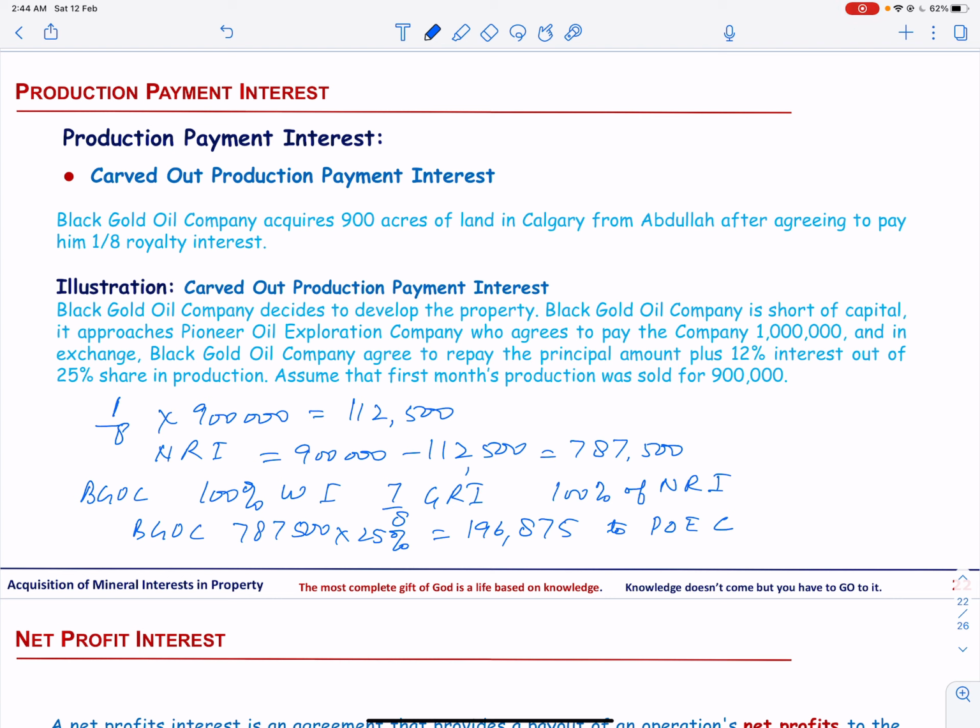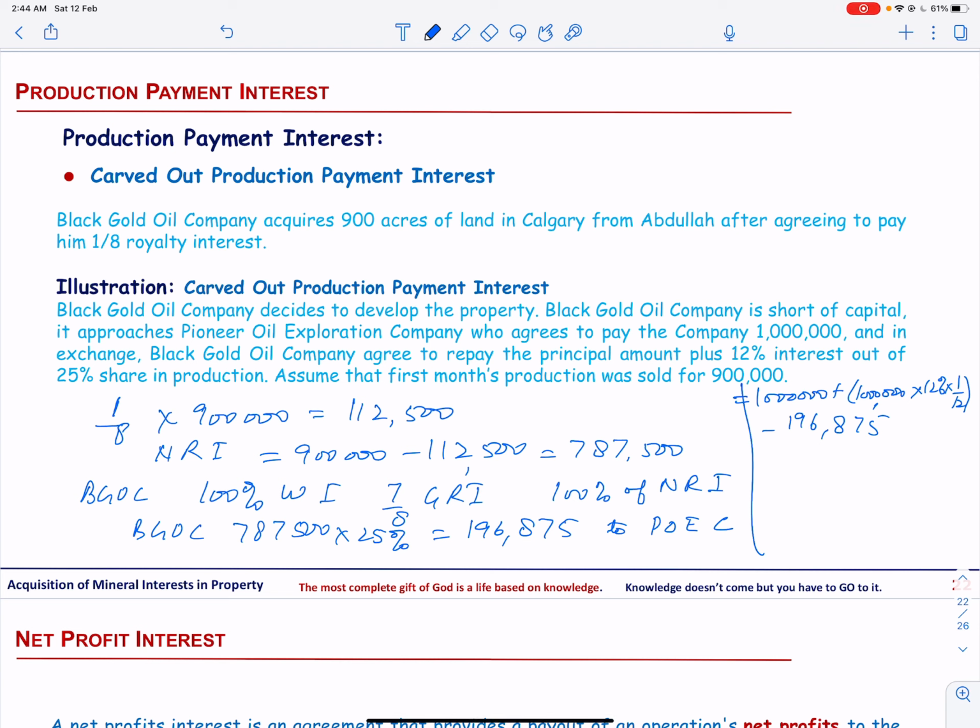The remaining balance payable to Pioneer is 1 million plus 1 million times 12%, and because it is monthly, so 1/12, minus 196,875.